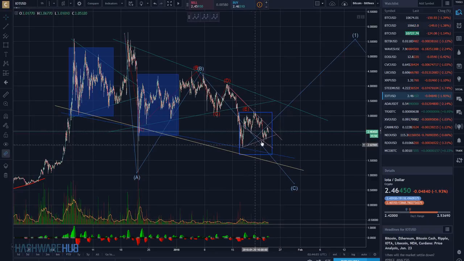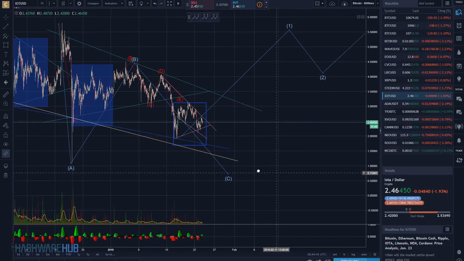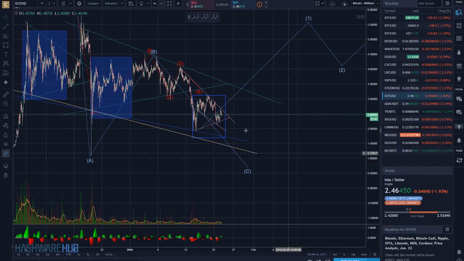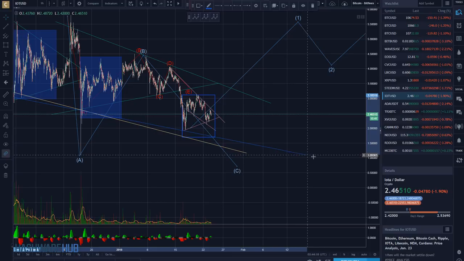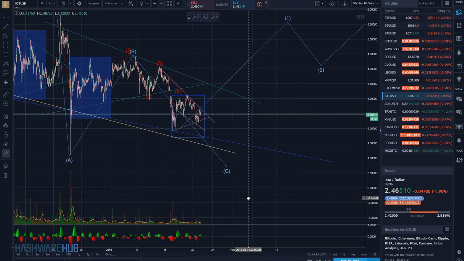So we have C, and then this would be D if this fractal does go up, and then we have E. Now, remember before I was saying this could be an ABC. Now E, if I take this line, I extend it out, depending on how long Bitcoin wants to drag this out.